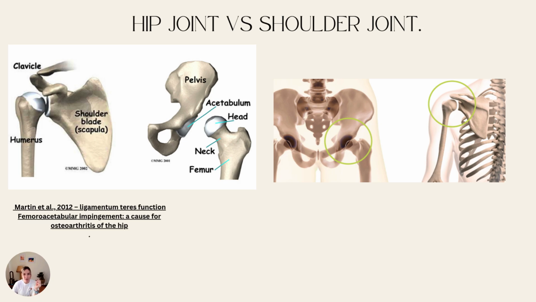Already, with the naked eye, right? Then we're looking at the left anterior view of the pelvis, and you can see the head of the femur here and the socket. And you can see the difference. First of all, this socket is really shallow, and this socket is quite deep.